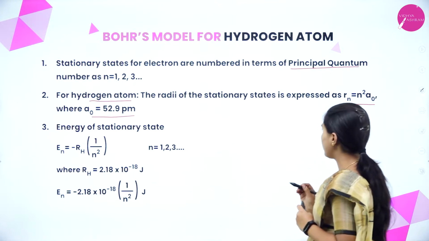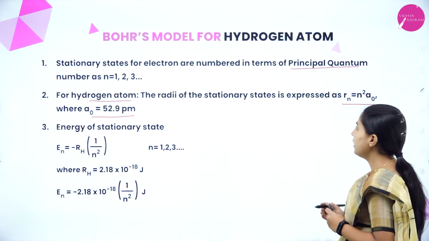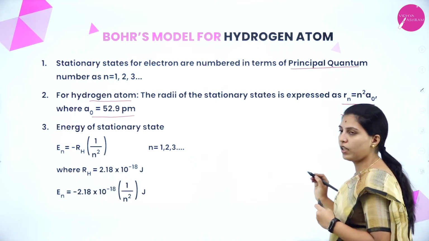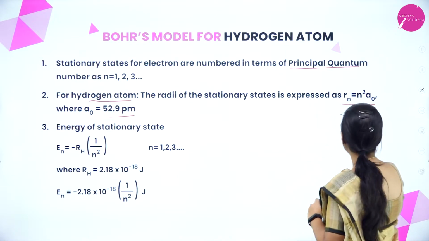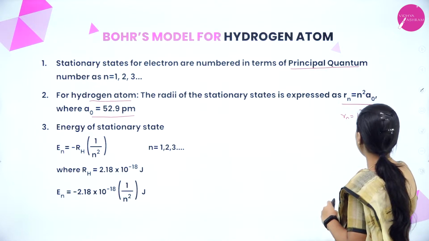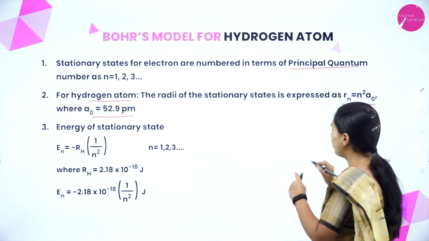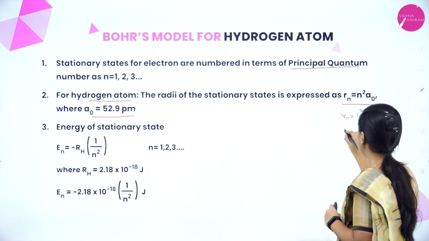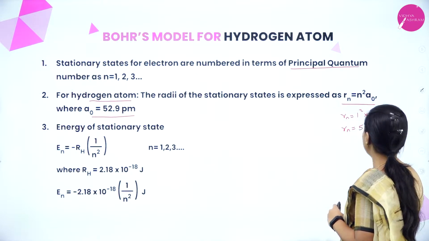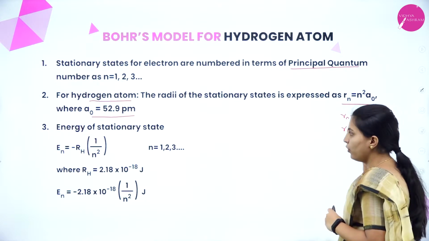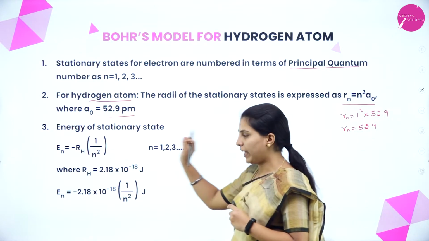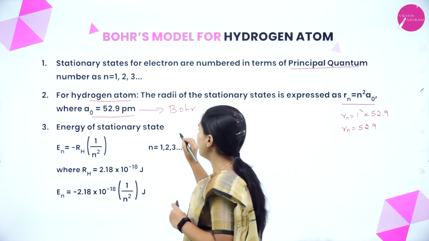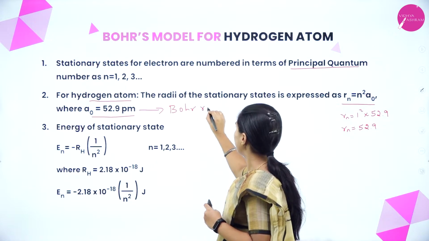For this equation, we can substitute for the hydrogen atom: Rn equals n square, hydrogen has only one electron, that is 1 square into a naught, how much? 52.9. We will get Rn equals 52.9. So, since we get 52.9 itself, we call this the Bohr radius also.